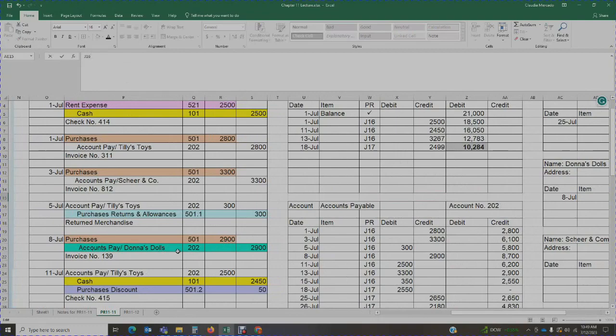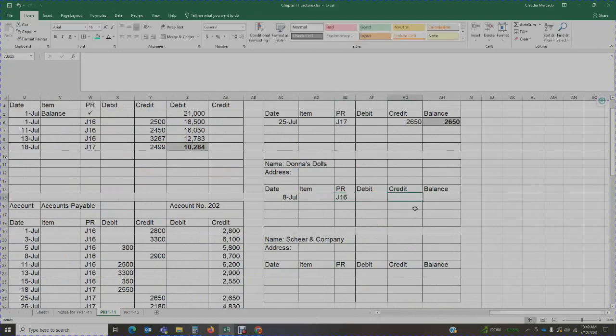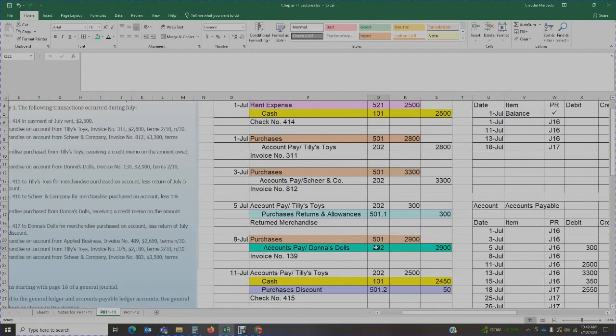Okay, on the 8th, we have a credit of $2,900. Balance $2,900. Okay. And then I'm going to go back and do a hyphen and insert my check mark.